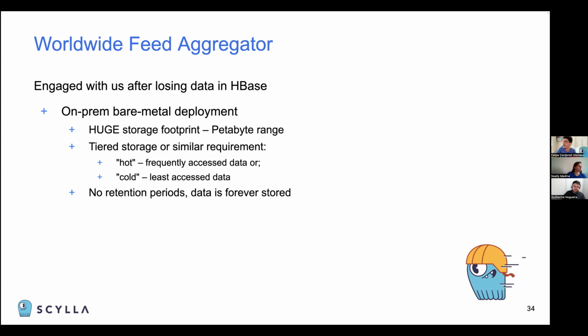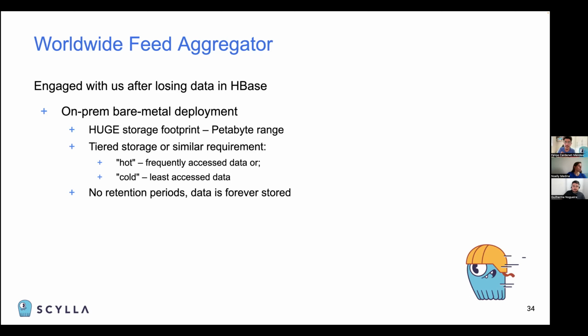In particular, they were previously running on-prem, and they had a huge storage footprint, which they were looking to store in ScyllaDB, as they could no longer rely on their previous solution.